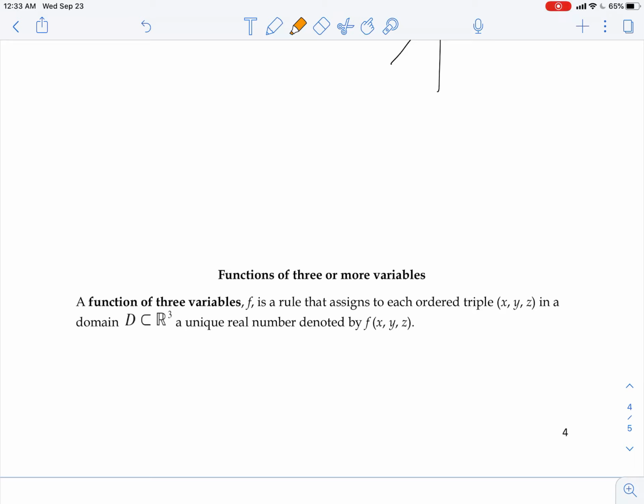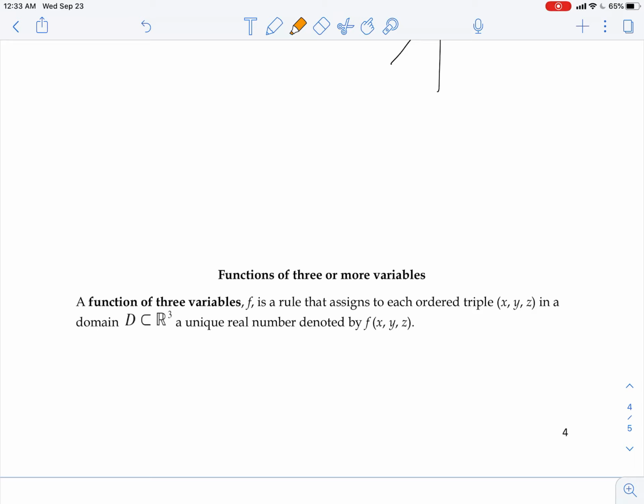Because if we're having 3 independent variables, then we're in the 4-dimensional coordinate system, and it's hard to imagine things in 4 dimensions. So a lot of people, instead of denoting that dependent variable as w, would say that time is the 4th dimension, and that's why they use the variable t if we ever do things in 4 dimensions. Again, we're never going to graph anything in 4 dimensions.